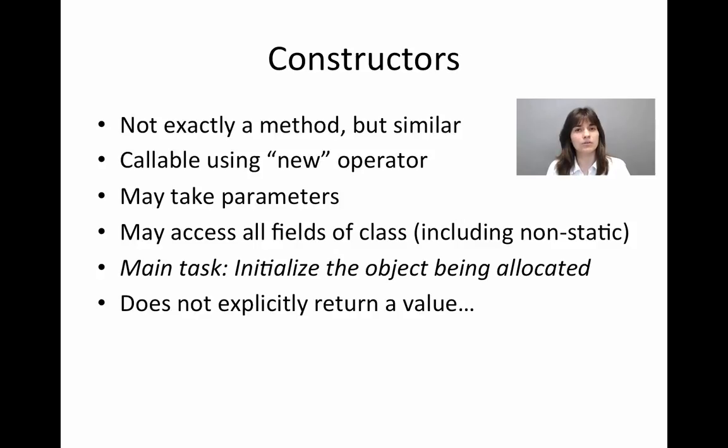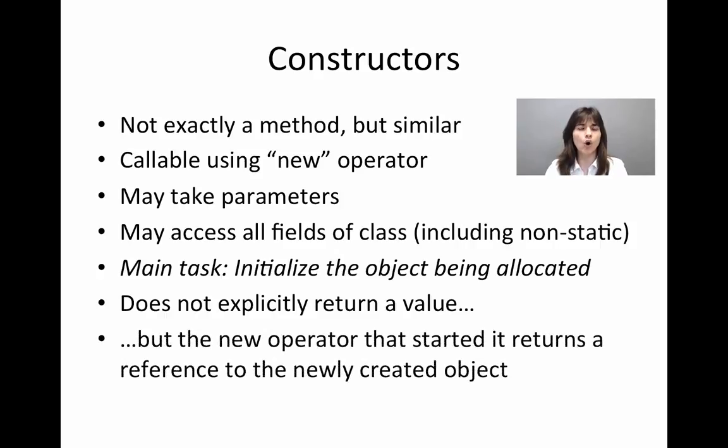It does not return a value in the same way that a method might return a value. However, the object that is just initialized is actually like returning a value. The constructor is initializing the object. It is as if it is returning a newly constructed object.